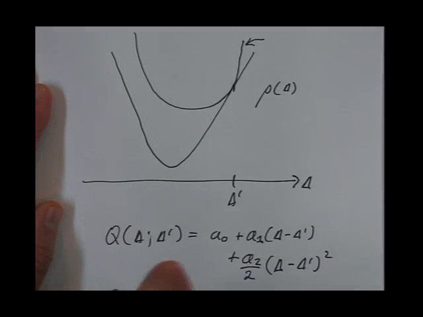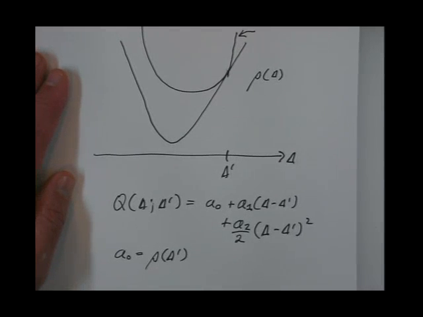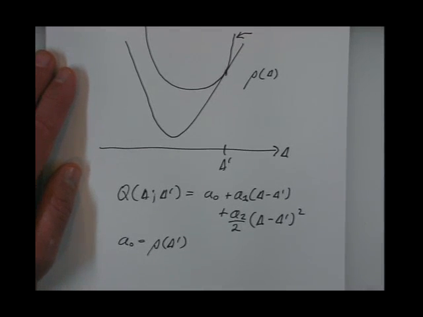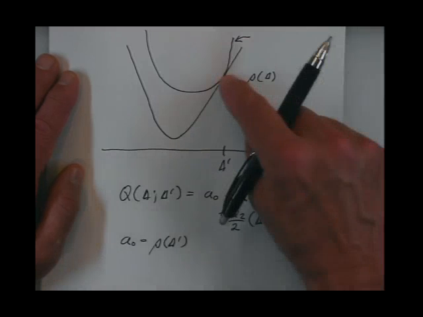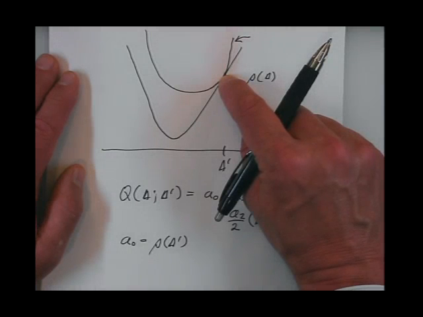Well, A0 will have to equal rho at delta prime, because I'm matching up the values of the function. That said, I don't care about this.